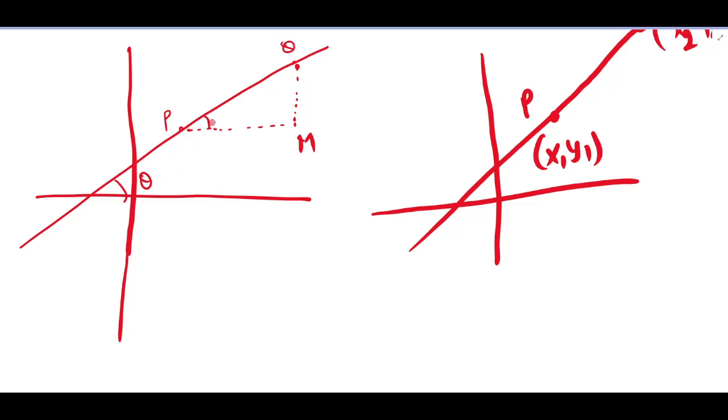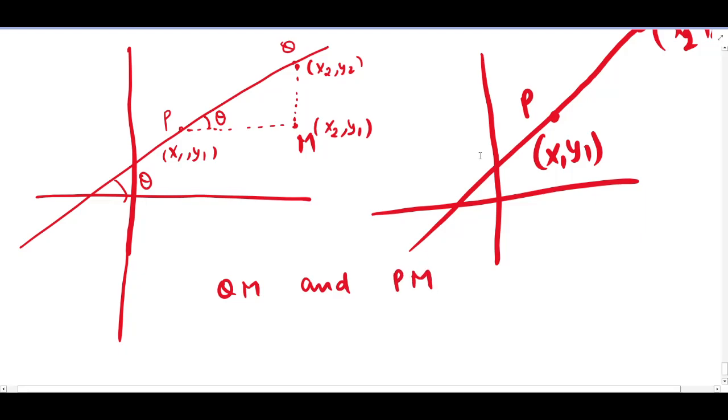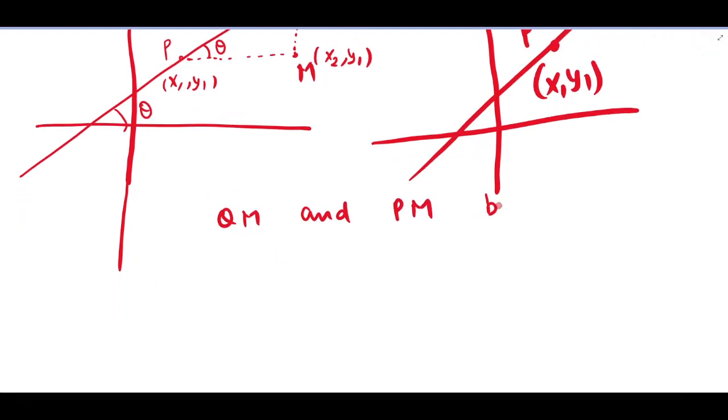So angle P will also be angle theta, and coordinates of P are x1, y1 and coordinates of Q are x2, y2, and coordinates of point M will be x2, y1. So we can find the distance of QM and PM by the distance formula.